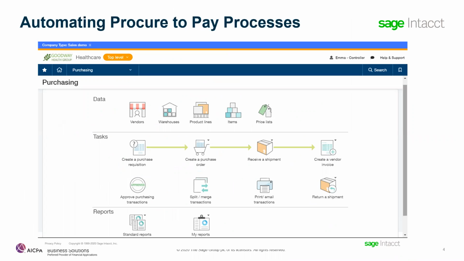Now, one of the things that we also want to help you with is automating the process. So part of it is obviously controlling that spend. However, we want to make sure that you're efficient in your day-to-day activities. And what you're looking at here is what we call a process map. You'll see this in a few moments in the software.